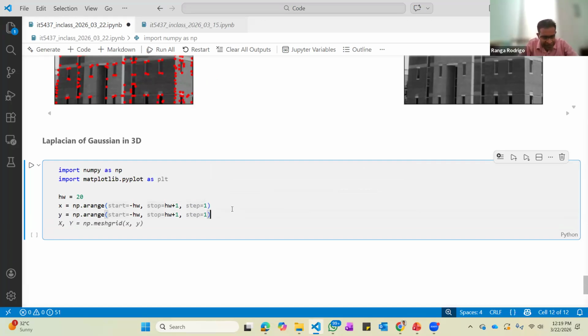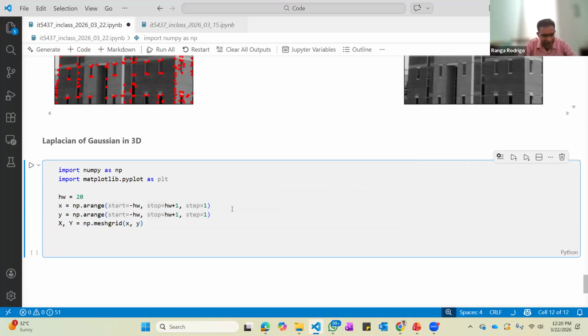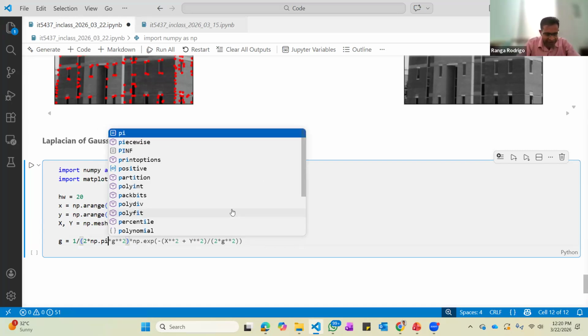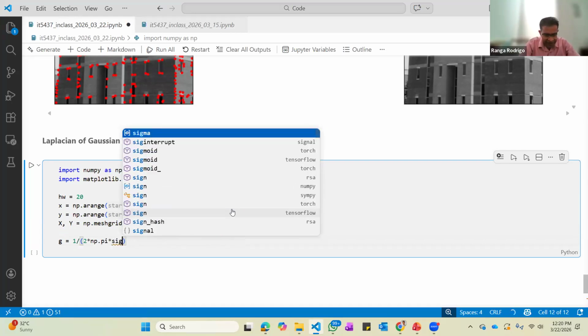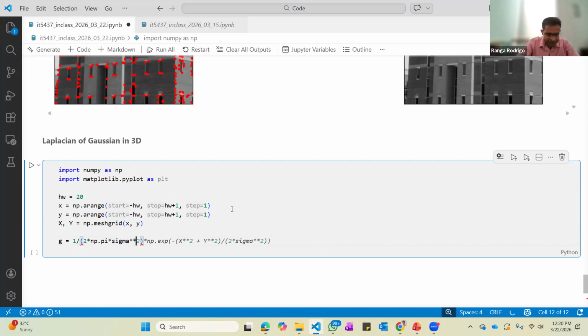And then I have to construct the so-called mesh grid. I hope you remember the mesh grid because it gives you all x values, all y values. Then I can define the Gaussian and get the derivative. So g is 1 over 2 times np.pi times sigma squared, times np.exp of minus x squared plus y squared over 2 sigma squared.